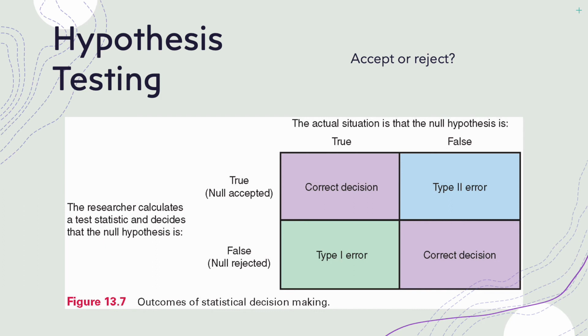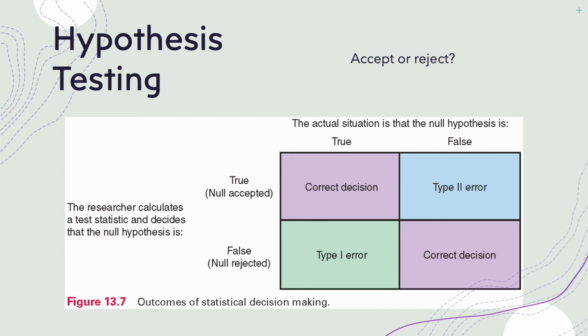Because we don't know when we have made an error in our statistical decision making, we select a level of significance, which is the probability of making a type 1 error. As we discussed last week, we usually select an alpha of 0.01 or 0.05. If we select 0.01, in 99 out of 100 cases we would have a true null hypothesis.